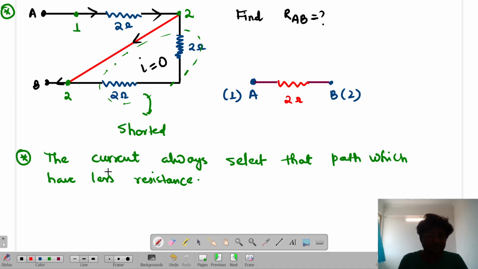I told you that the current always selects the path which has less resistance. Here I have more resistance, and here there is a conducting wire with zero resistance. So that's why it will always select the path which has zero resistance. Are you able to get me? Got it?